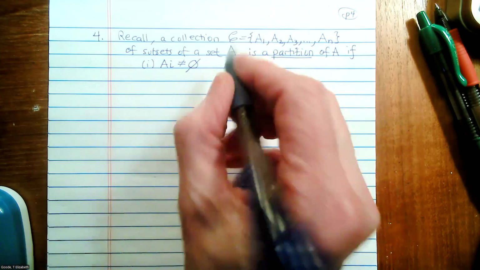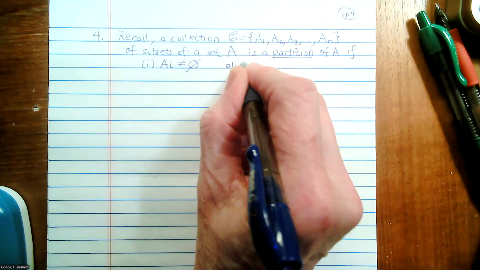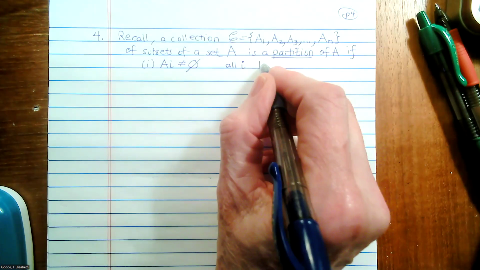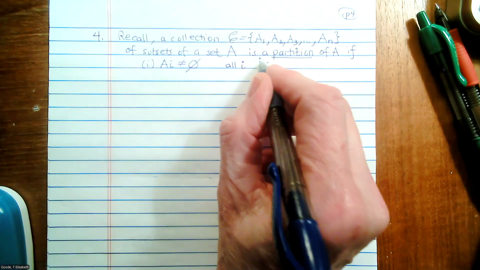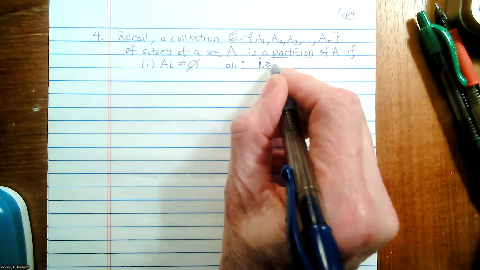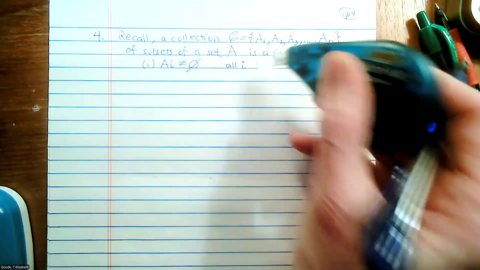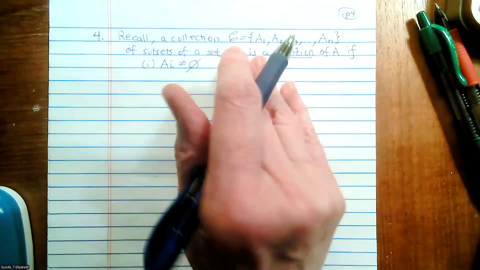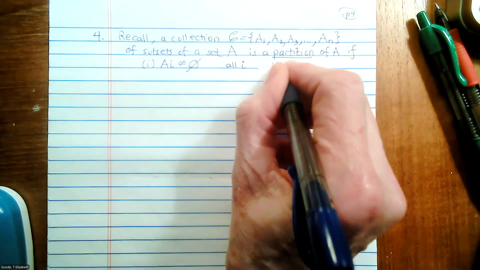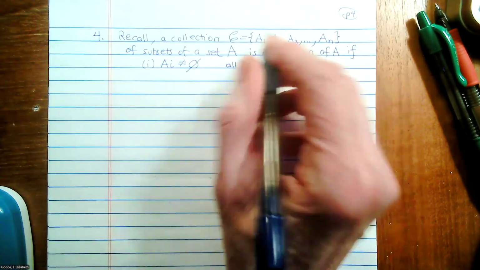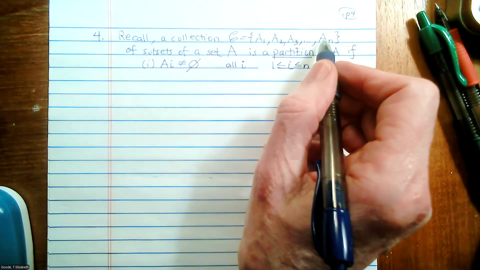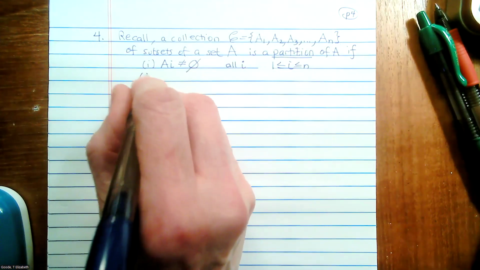None of them are empty. This is for all i, 1 less than or equal to i less than or equal to n. Just understand, you can form an infinite partition, okay?